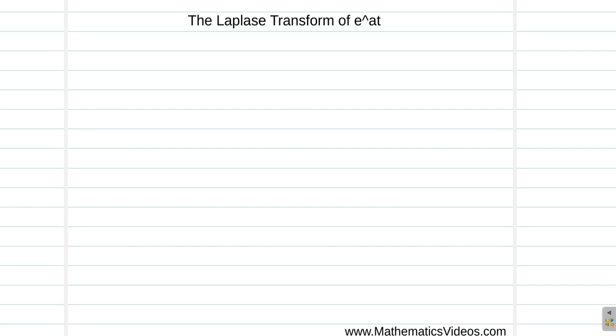Let's look at the Laplace transform of e to the at. So that's the Laplace transform of e to the power of at, where a is a constant, and of course t is our independent variable.